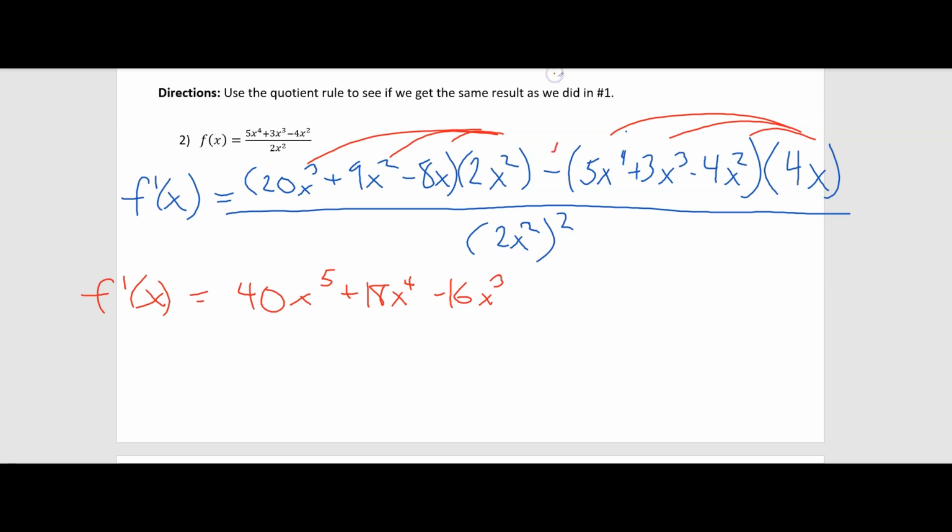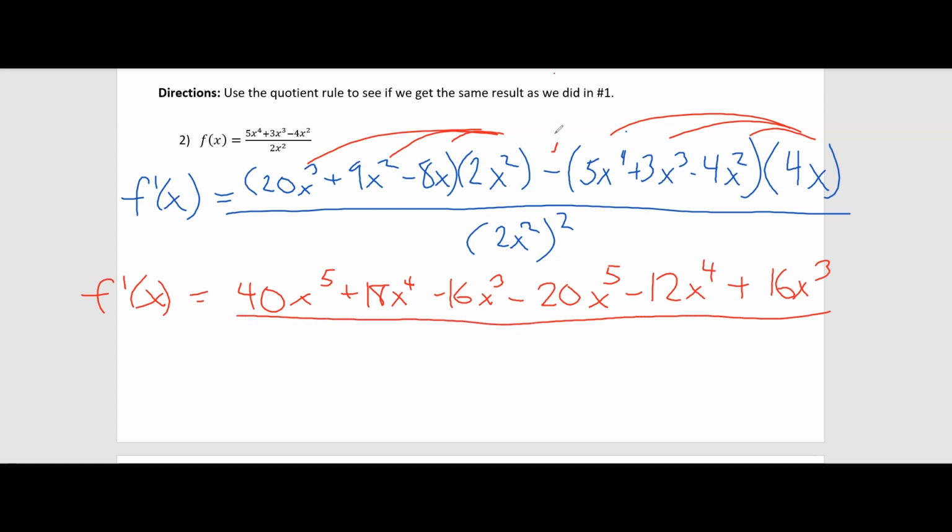So you can either distribute this negative right away, or you can distribute it at the end. I'm going to distribute it at the end. So 4x times 5x to the fourth is 20x to the fifth, but then I have to distribute the negative. So I get minus 20x to the fifth, then I get minus 12x to the fourth, and then I get plus 16x cubed. That is all going to be over 4x to the fourth.